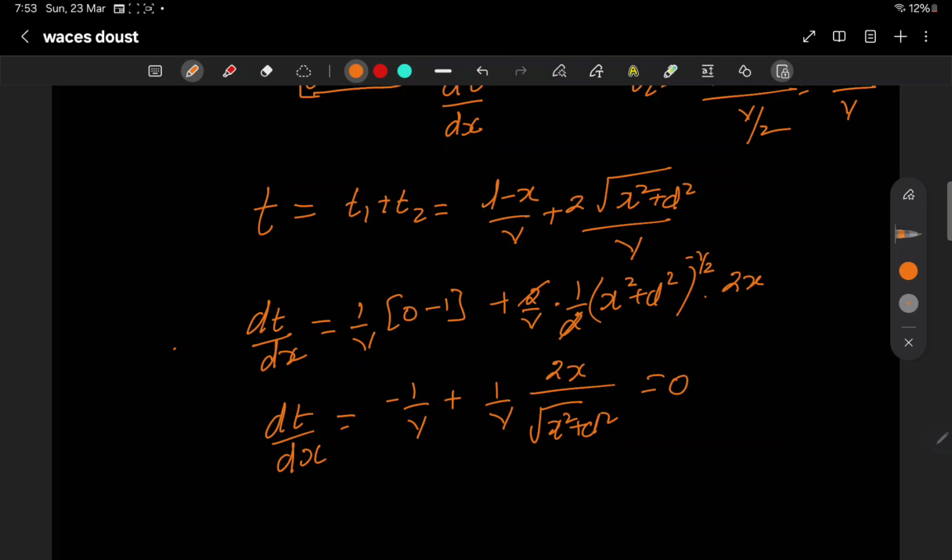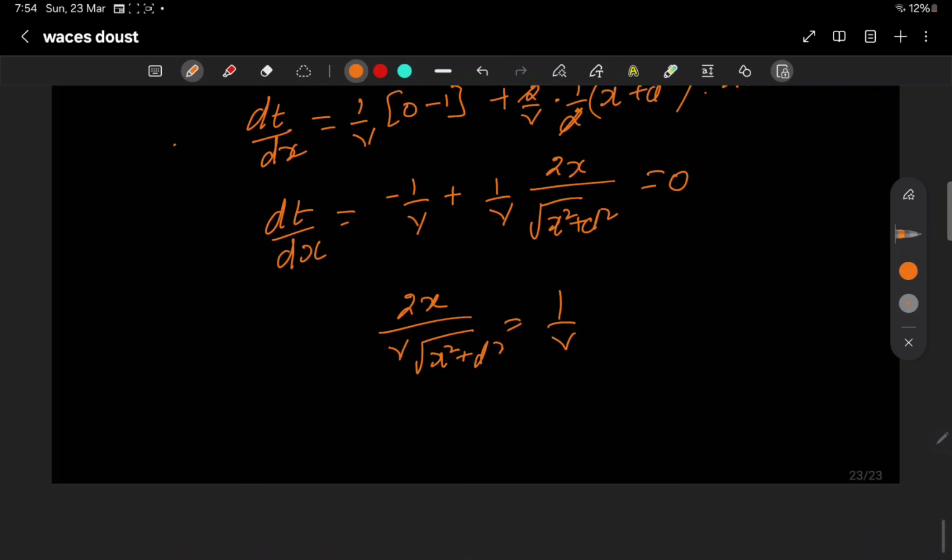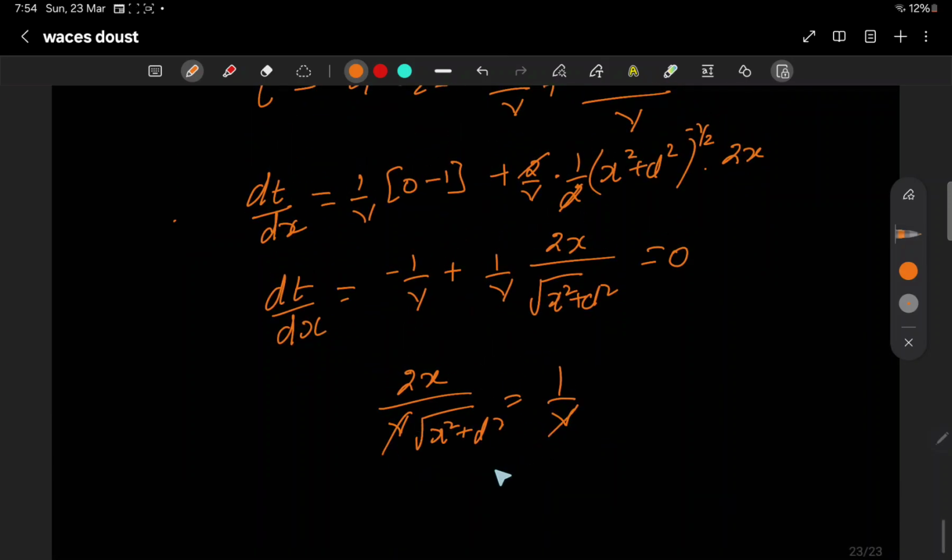Whatever x comes here, that is the value of x when t is minimum. So here we can write it as 2x by v root of x square plus d square, bring this to that side, so 1 by v. So here v and v will get cancelled. Here x and here also x we have, so we have to do something here.